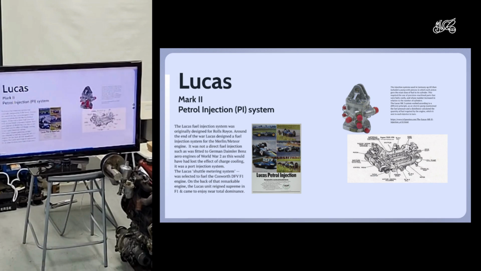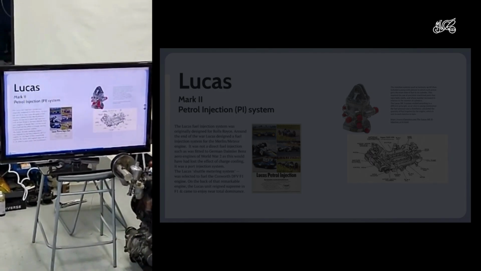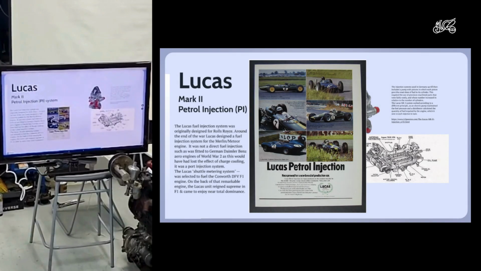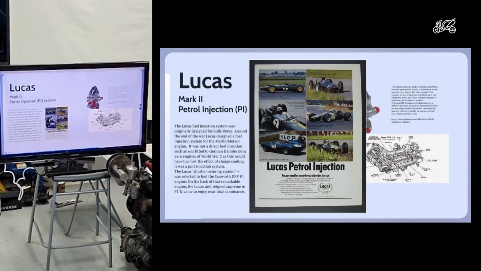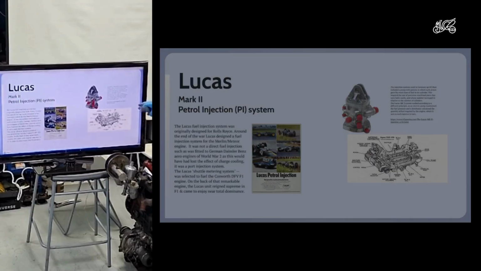And another one you may have heard of is the Lucas system, which was used on the Ford DFV in Formula One in the late 60s and early 70s, and was also used on Triumph TR5, various Aston Martins, things like that. So this system is different again because you're not generating the pressure in the pump.